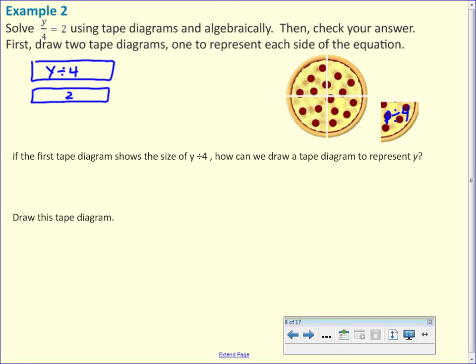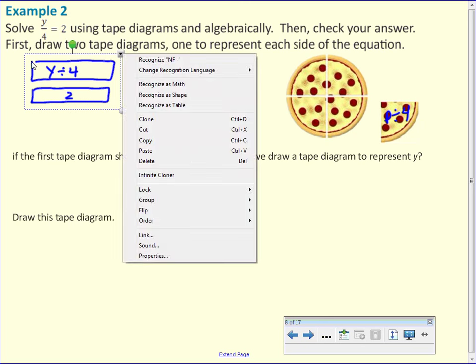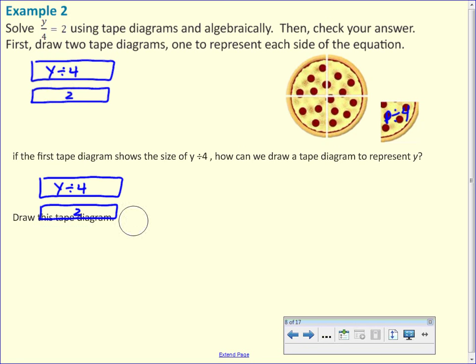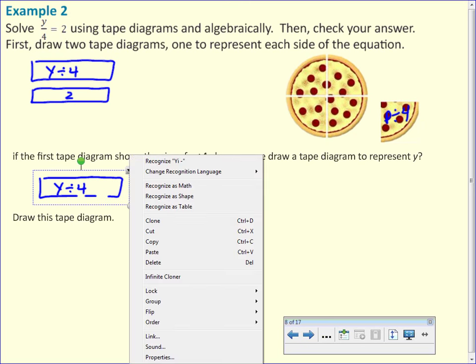Everybody? 4 total pieces. So to show all of y, what do I have to do? How many of these do I need to represent y? 4.